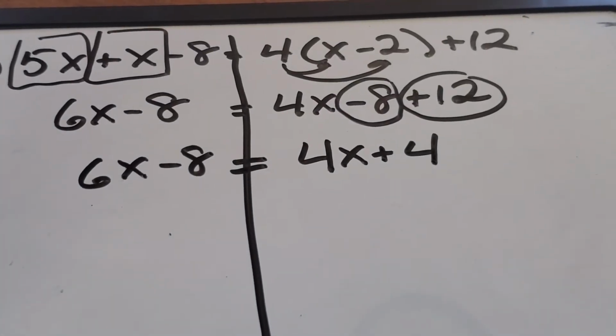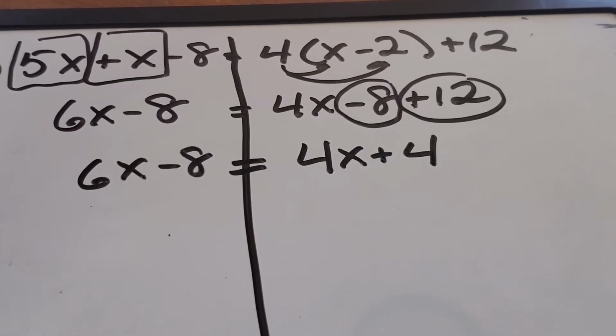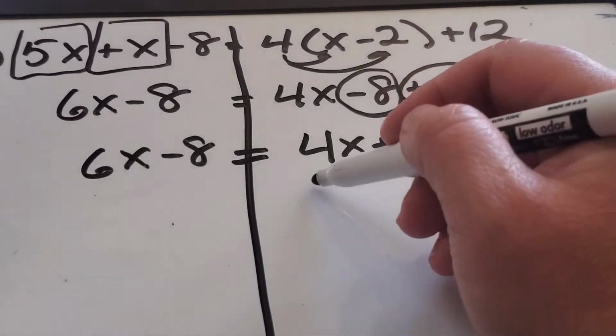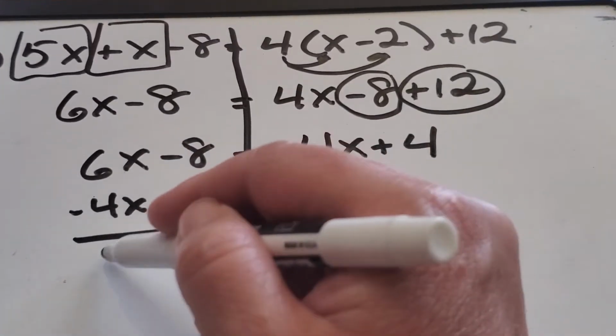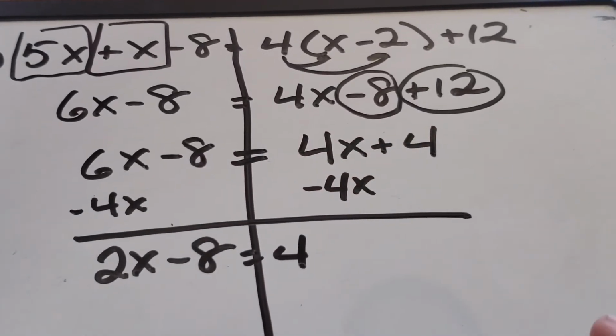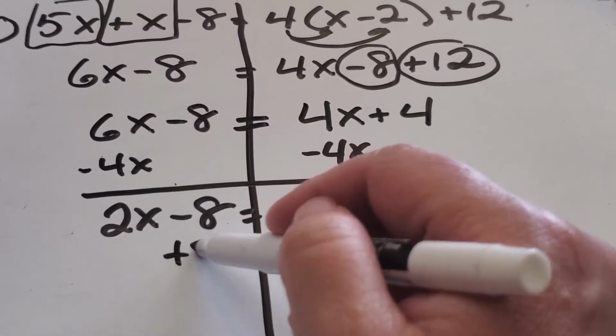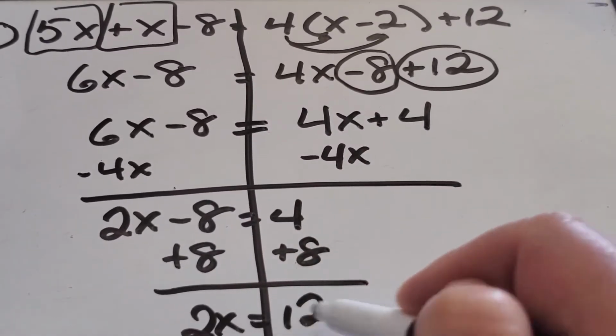Now that both sides are simplified as much as possible, I can start moving things to either side and trying to get that x alone. So let's subtract 4x from both sides. You're going to get 2x minus 8 equals 4. Let's add that 8 to both sides. You get 2x equals 12.